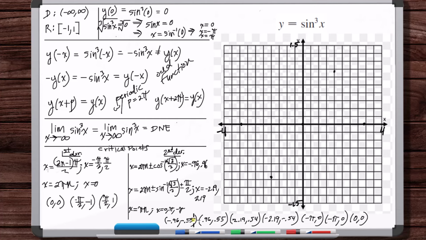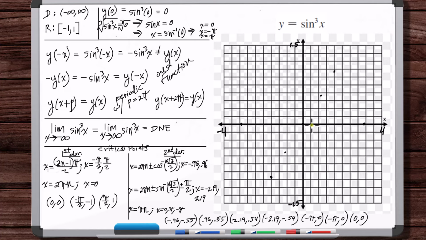All right, so let's plot these points. So minus 0.96, minus 0.55. 0.4, 0.8, 1.2, so 1.0 about right here, and then 0.15, 0.30, 0.45, 0.60, so this is about 0.55. Okay, so now it's an odd function, so we come to about here, and then 1, 2, 3, about right there. Okay, that's these 2 points.